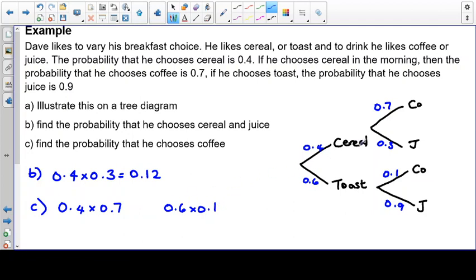And then we've got different options, so to get it combined, we add the two things together. So we've got 0.28 plus 0.06, which is 0.34. Okay, so we times along the branches, and then if there's multiple ones, we add them up.